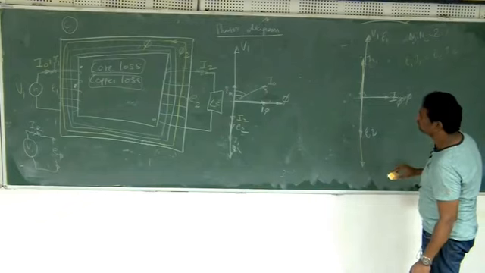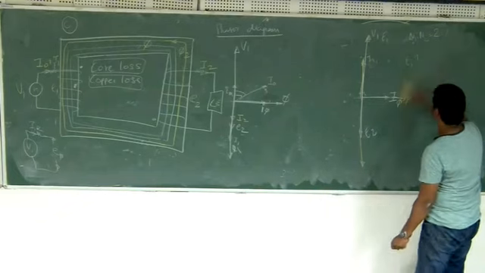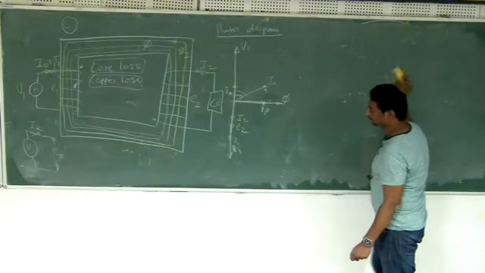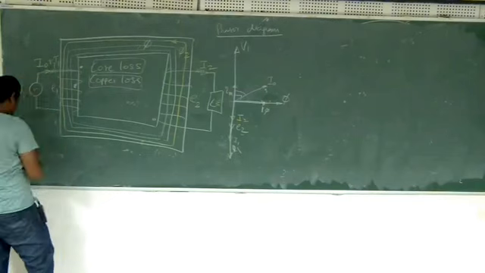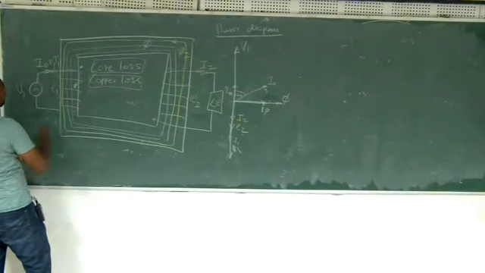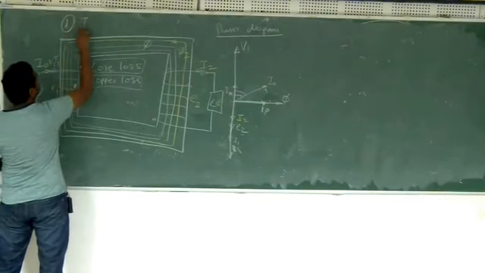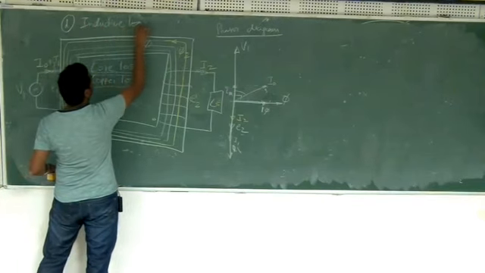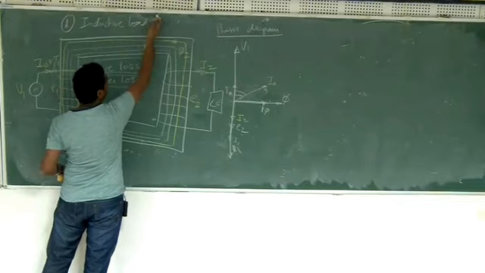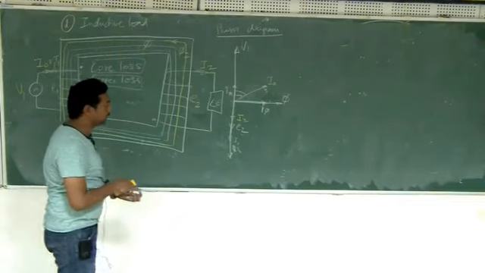The diagram will be more neat if we consider a slightly inductive load. I think we'll do that first. Case D, inductive load on secondary. So what is the phasor diagram?